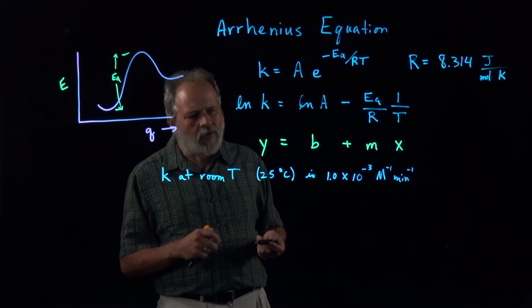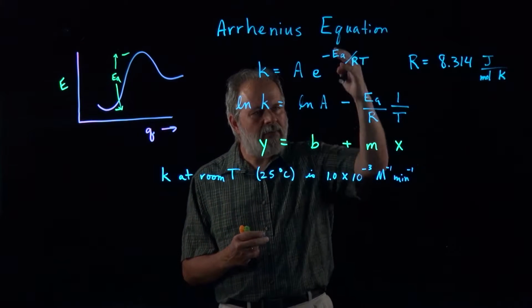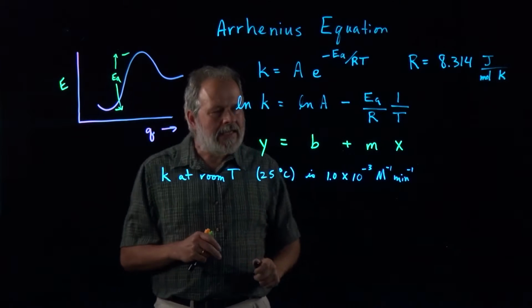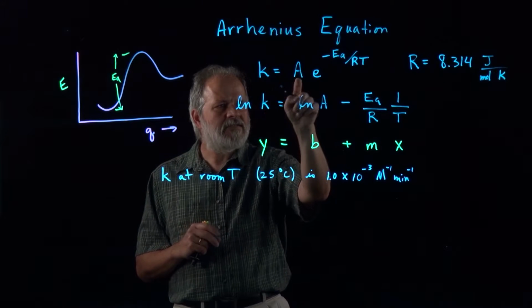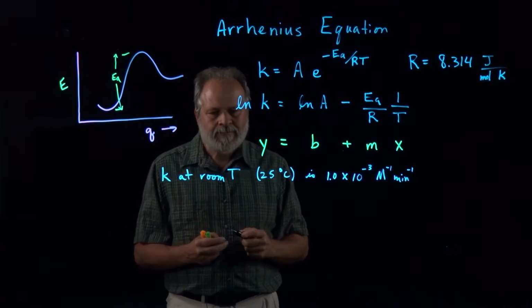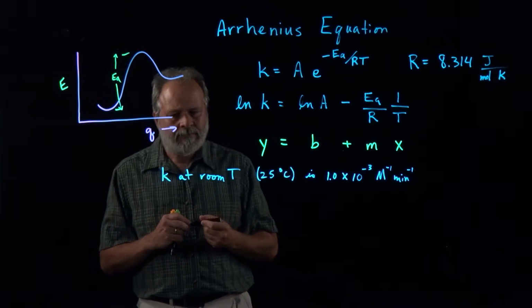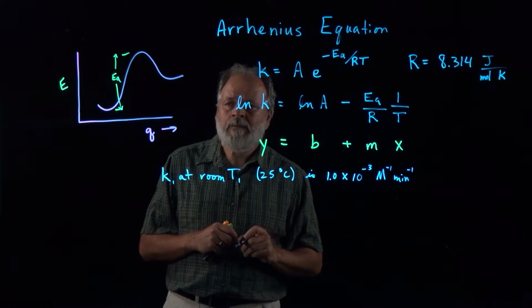Okay, so this is a second order rate constant of some sort. Again, it doesn't matter what the order is, but it does affect the units in A. So if k is molar minus 1, minute minus 1, this has to be molar minus 1, minute minus 1 units for this prefactor. Okay, and we're going to call this T1 and rate constant 1.